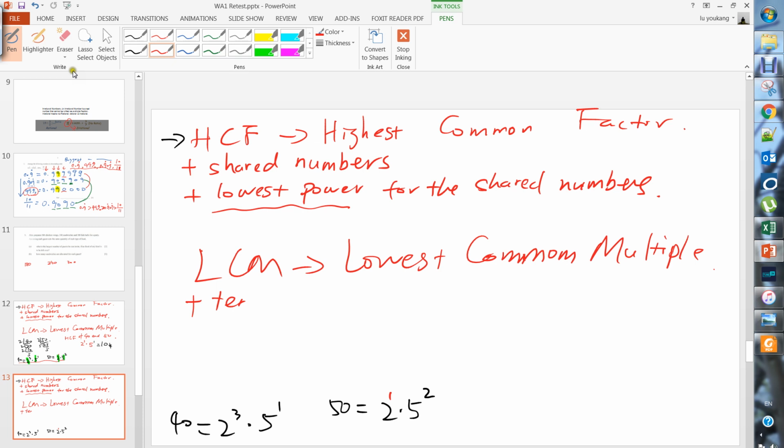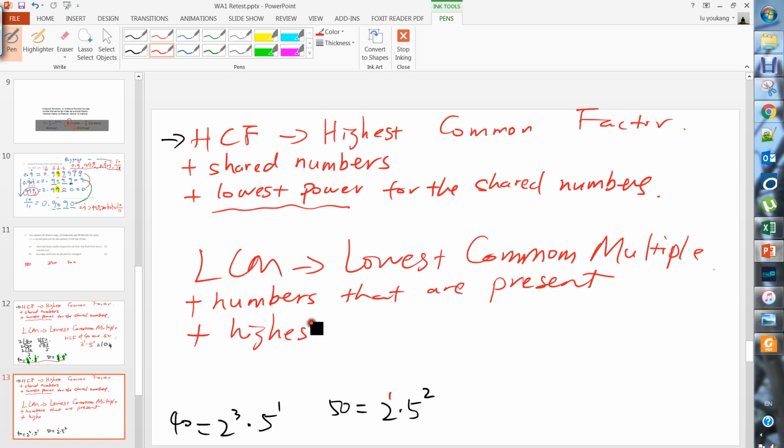Let me use numbers that are present, and then choose the highest power for the numbers that are present.